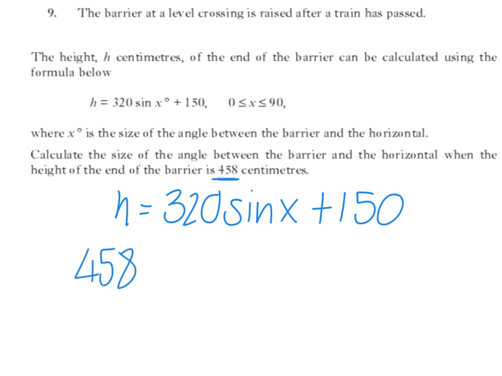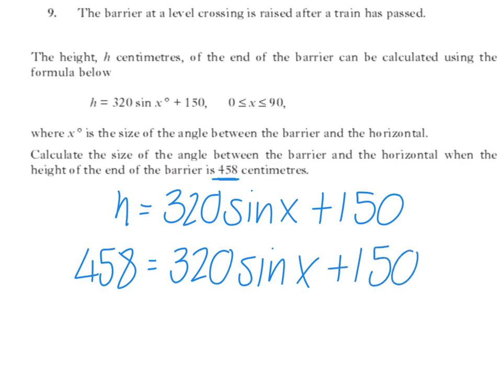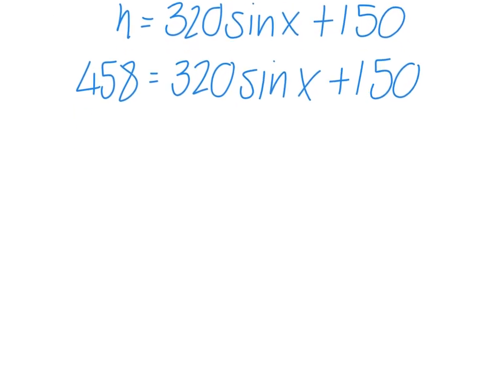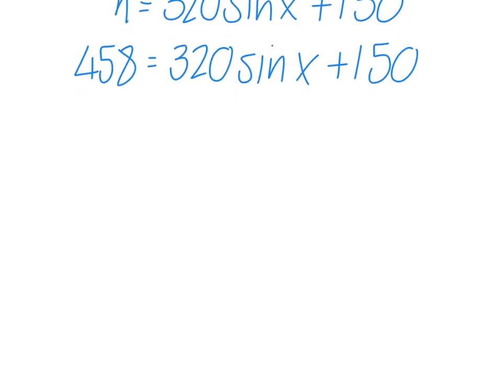So that's 458 equals 320 sin x plus 150. We are hoping to find x, the angle, so we're going to rearrange our equation and try and make x the subject. So we'll move this up a little bit to give us some more space.